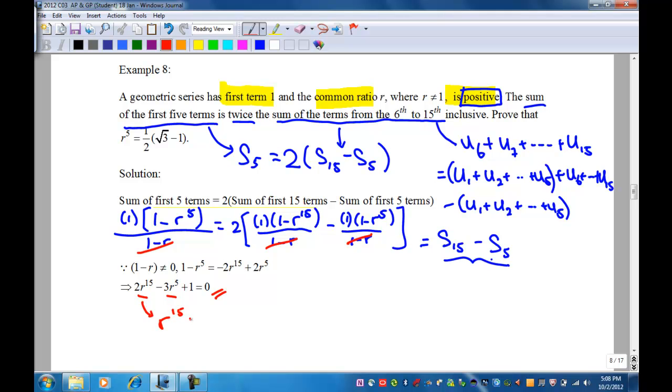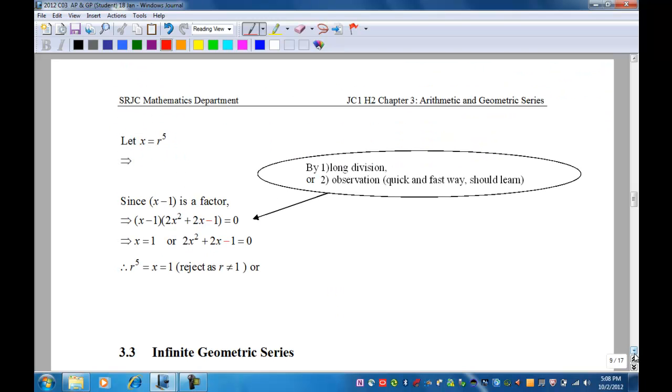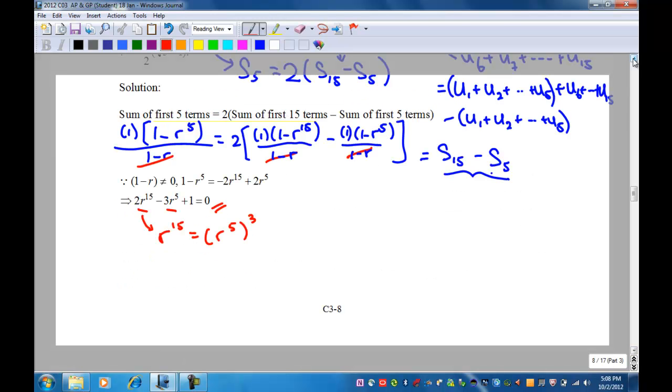Well, some of you might be able to see that r power 15 is r power 5 raised to the power of 3. So, if we replace r power 5 by x, we will end up with the equation 2x cubed minus 3x plus 1 equals 0.